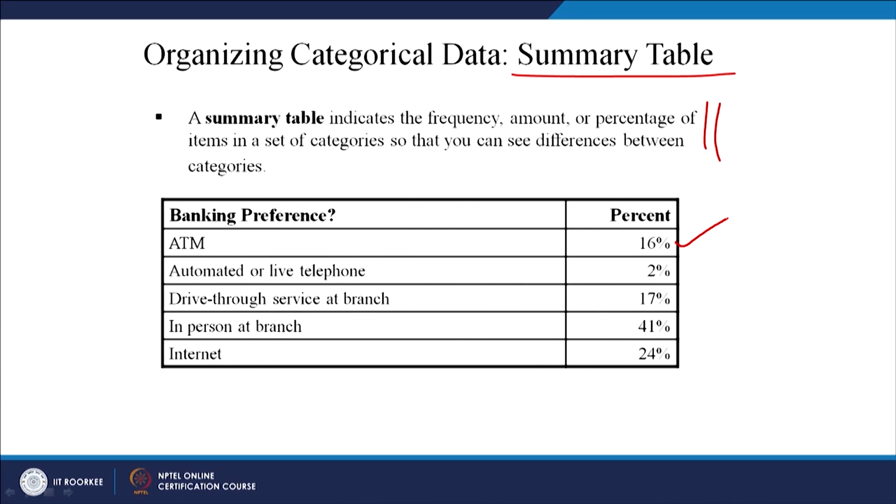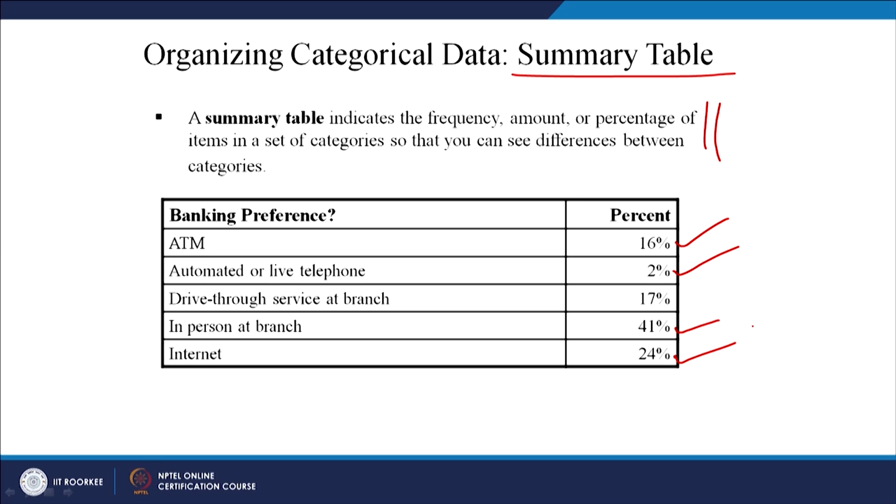Out of 1000, 16% said that they would like to use ATM, 2% would like to use live telephone, 17% drive through service at a branch, in person 41% and internet 24%.